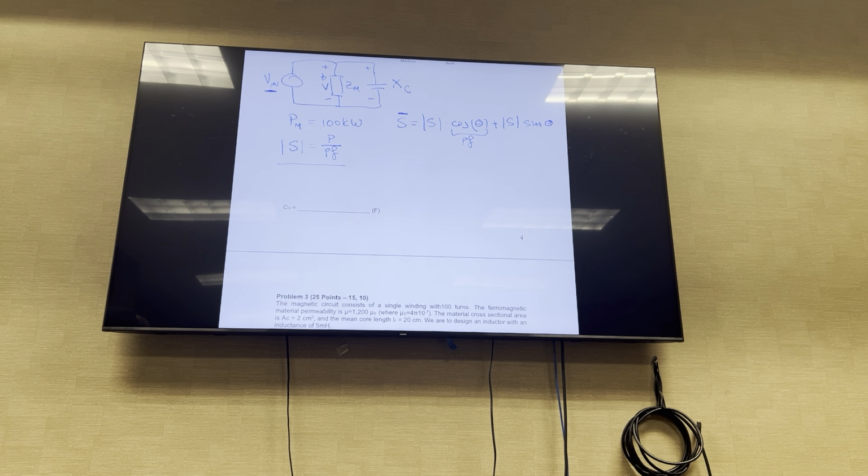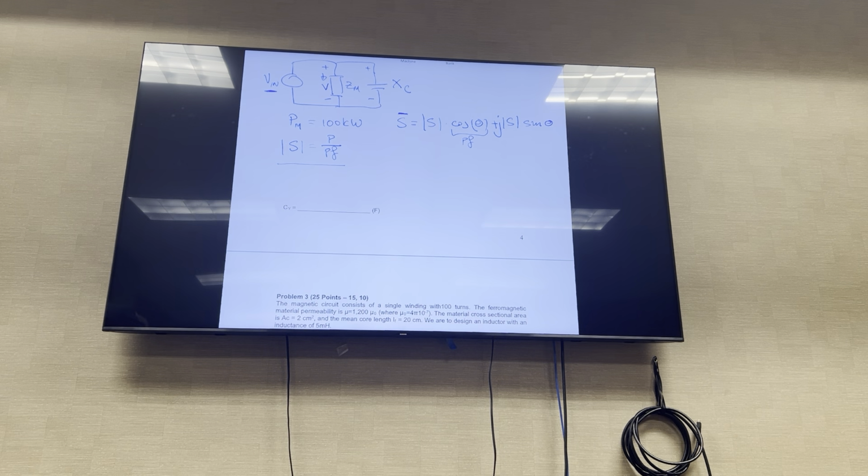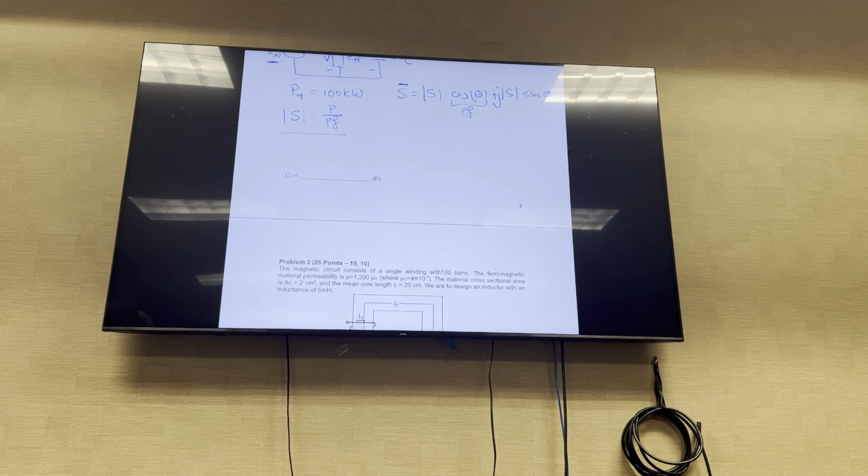And I'm missing a J here, right? So if I wanted to use this equation here, the easiest way would be to find theta, right? So I can say power factor is cosine of theta.